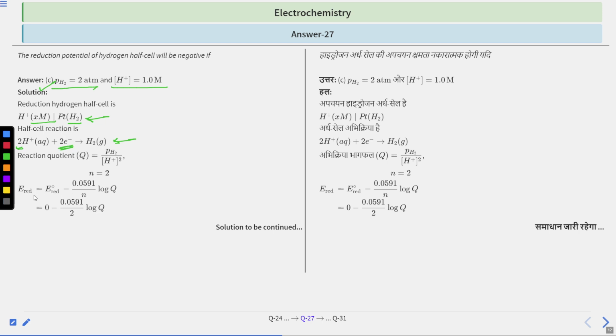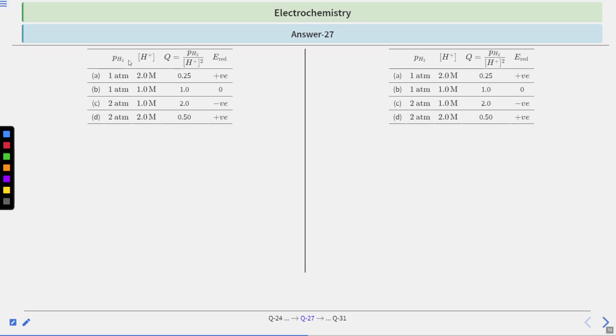So we just write the Nernst equation value, which is E of reduction is equal to E naught of reduction minus 0.0591 divided by N log Q. E naught of reduction for the hydrogen half cell or for the hydrogen electrode will be 0, and it will be minus 0.0591 divided by 2, N is 2, log Q. Okay, and now we just put the value and solve this Q value for different pressure of H2 and H positive concentration values given in the options.